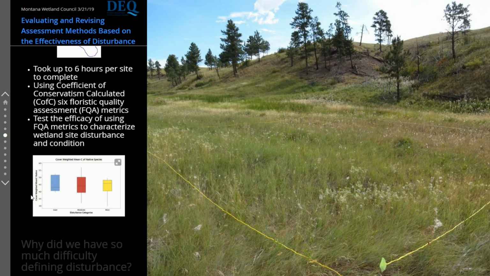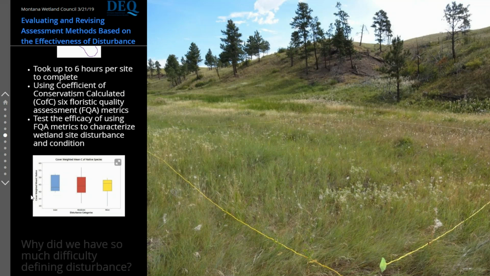Using the metrics, one of the things I wanted to test, or not one of the things, but many of the things, was the strength and significance of these FQA values and how well they correlated or described the disturbance categories, our condition scores. Because we were having so much trouble setting a disturbance gradient, could we use an FQA value to help us set another threshold in the disturbance gradient? Or could an FQA value potentially even be standalone as a disturbance gradient measure?